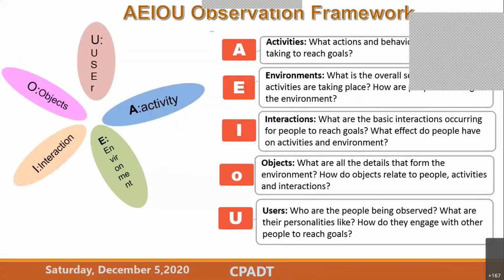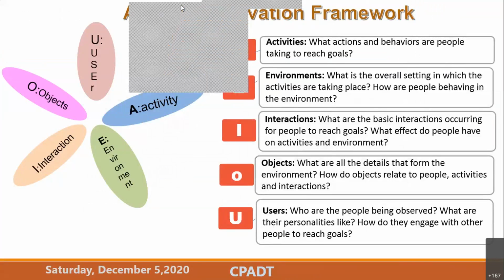Now, this is another tool which is used, wherein you have AEIOU activities. Like I told, traffic is one thing. So if I take traffic, in this case, you can say what actions and behaviors are people taking to reach the goals. How are they behaving? What is the environment?